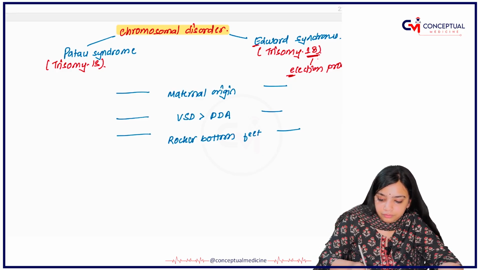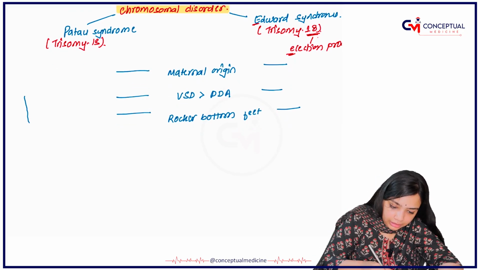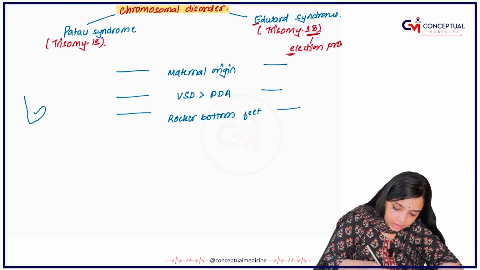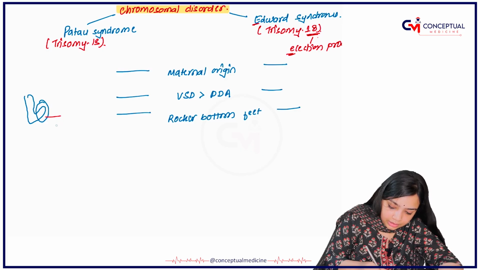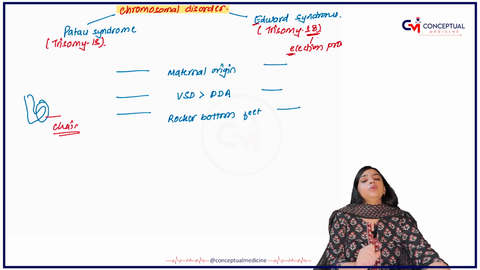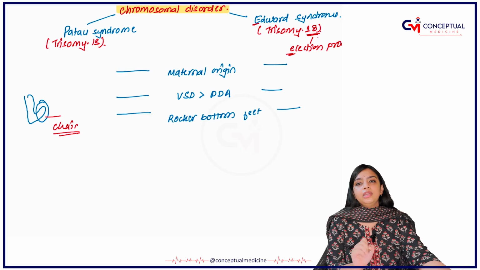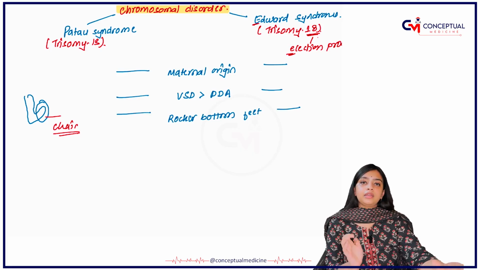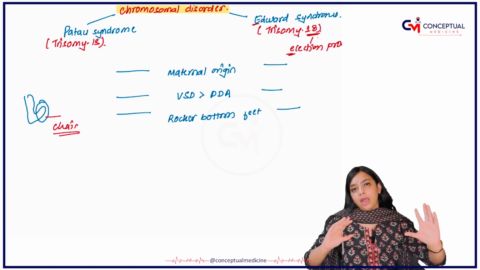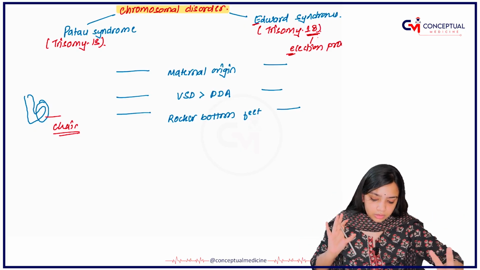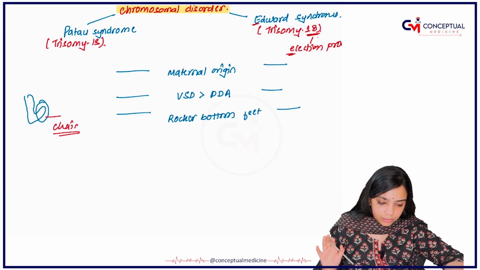What are rocker bottom feet? Rocker bottom feet basically means feet like a rocking chair that we are able to see in cartoons, right? A cartoon character sits on that chair and it just keeps on moving forward, then backward, forward, and then backward. So these are basically your rocker bottom feet.